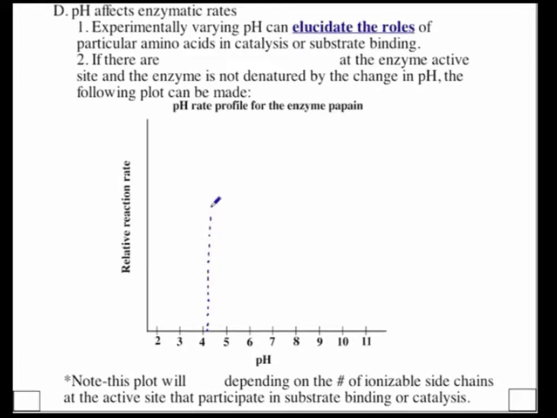4.2 and 8.2, so two important polar and ionizable side groups at the enzyme active site, one with a pKa of 4.2, one with a pKa of 8.2, and we'll just try to get a dotted line for both of those.